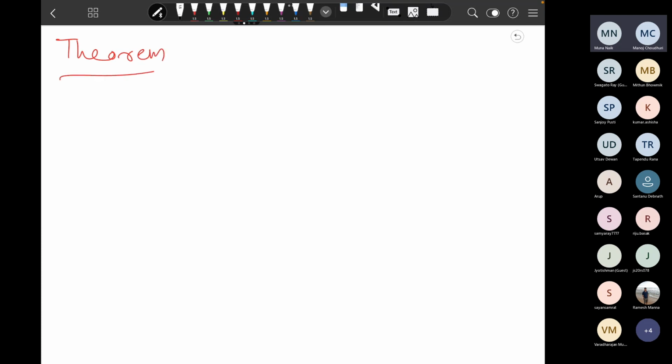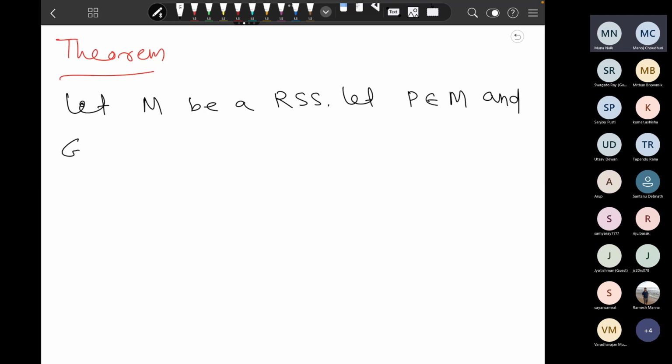Theorem. Let M be a Riemannian symmetric space. Let P belong to M and G be the group.